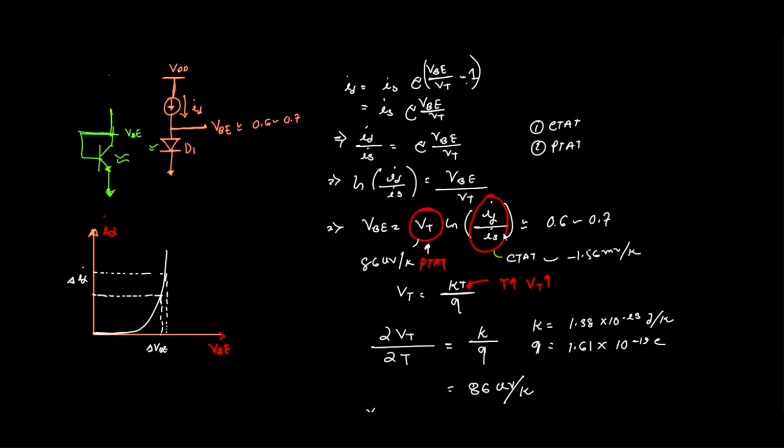The CTAT dominates, but as we need the reference voltage, we need the same CTAT as the PTAT. How can we get that?